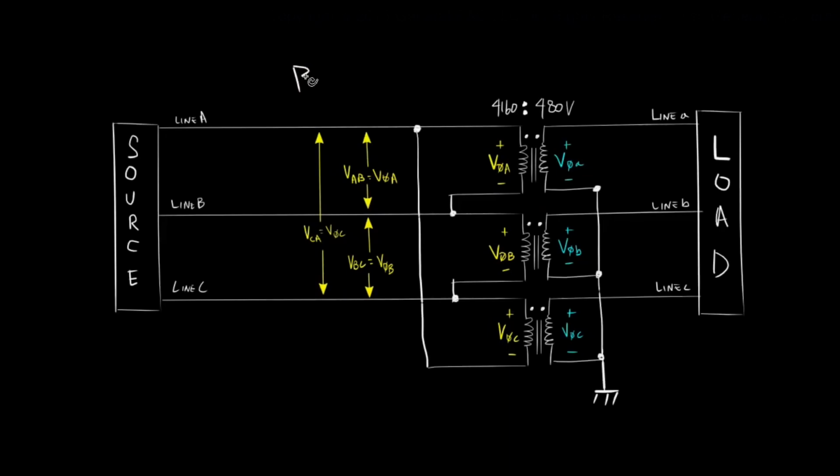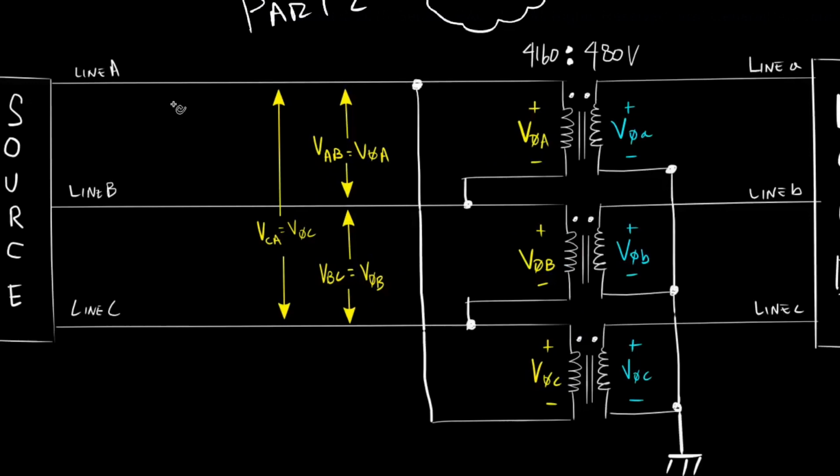So in part 2 of this video, which you'll find a link right here, we talked about the line-to-line voltage versus phase voltage relationship for both the delta connection as well as the Y or star connection. Make sure you review part 2 if you're having a hard time recalling.